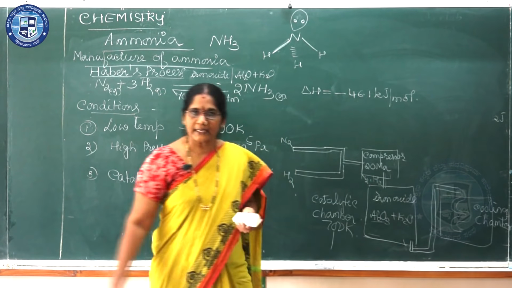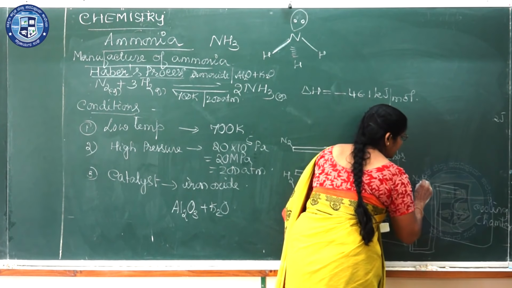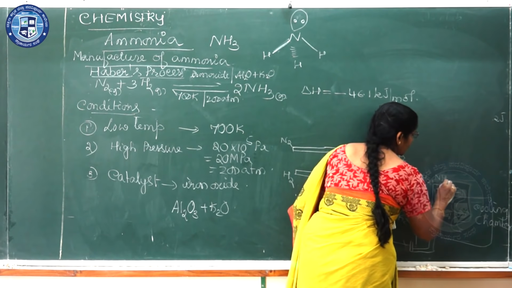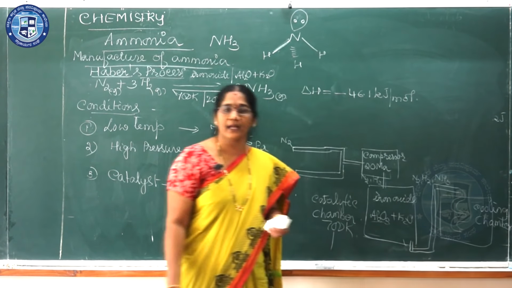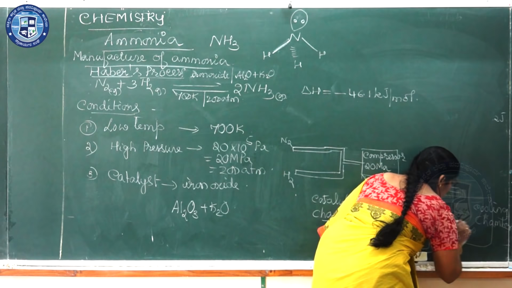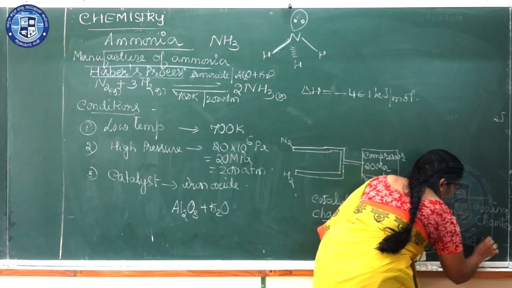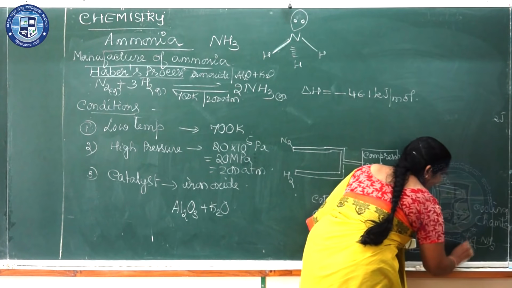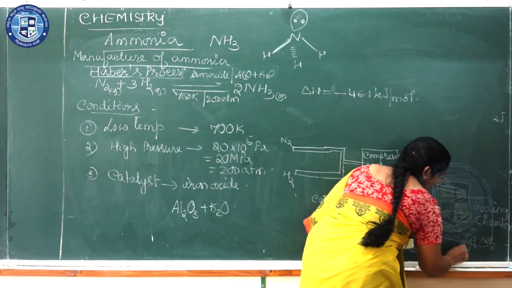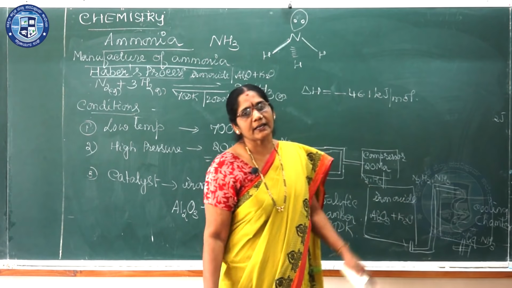So, in the cooling chamber, these three gases, unreacted nitrogen, hydrogen and the formed ammonia, are cooled in a chamber where ammonia liquefies at minus 33.3 degrees, and you can tap it off from here. So, this is liquid ammonia collected after liquefaction.